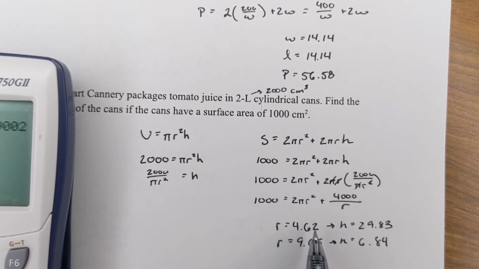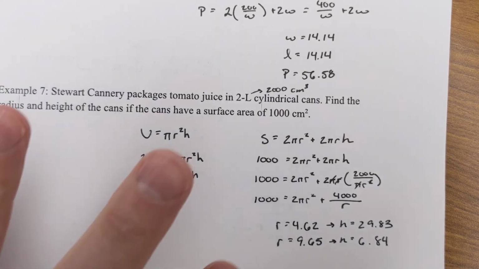So I can have a narrow can that's relatively tall or a wide can that's relatively short, which makes sense. It depends on where you want to put your volume and whatnot. All right, and that brings us to the end of the section.